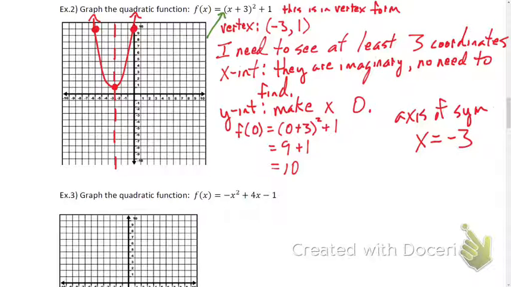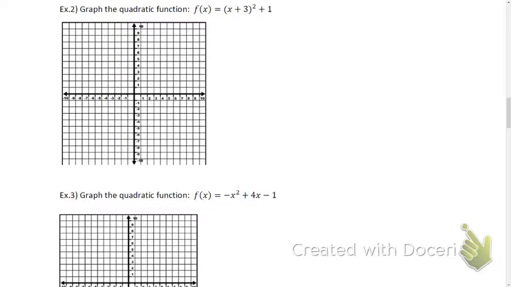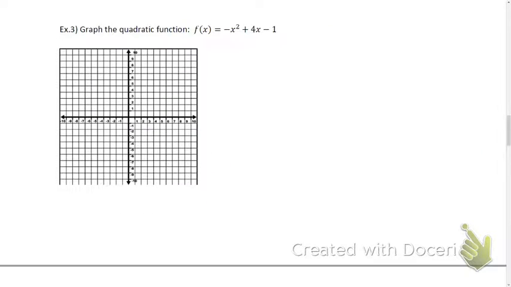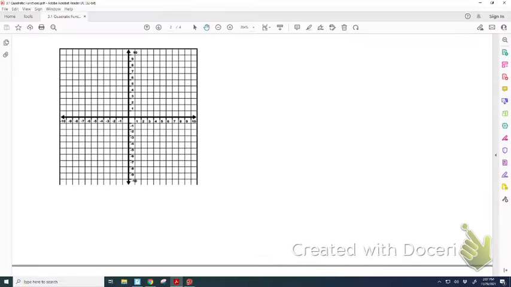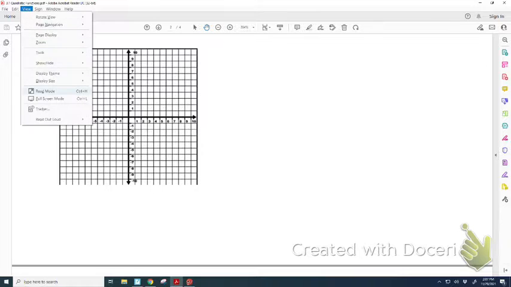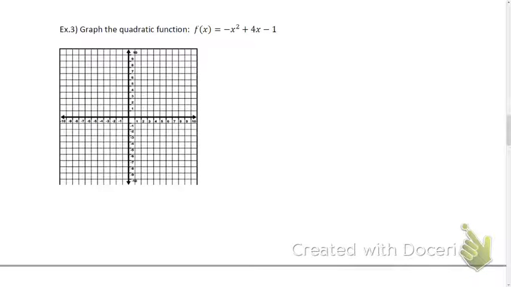All right, let's try number 3. This one is in standard form. Whoops, I just clicked when I didn't mean to. All right. This is in standard form.